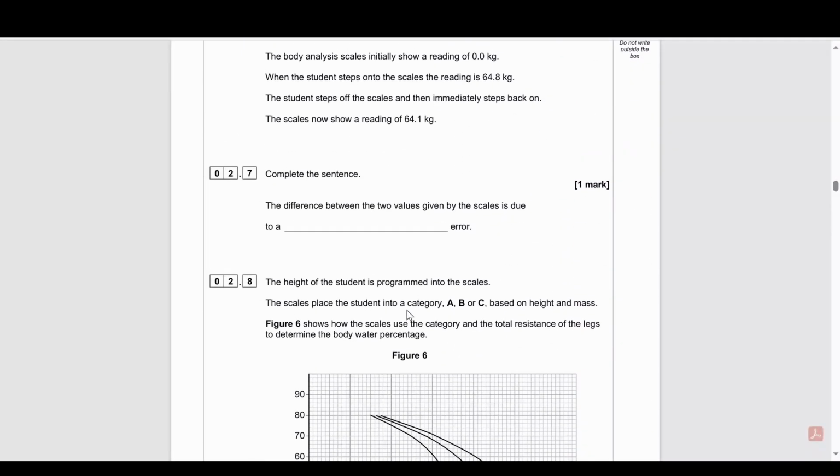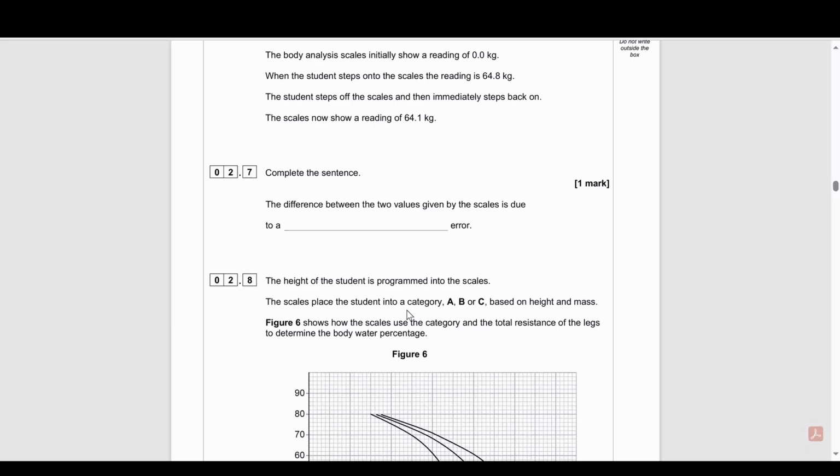The body analysis scales initially show a reading of 0.0 kilograms. When the student steps onto the scales, the reading is 64.8 kilograms. The student steps off the scales and then immediately steps back on. The scales now show a reading of 64.1 kilograms. 2.7. Complete the sentence. The difference between the two values given by the scales is due to a something error.